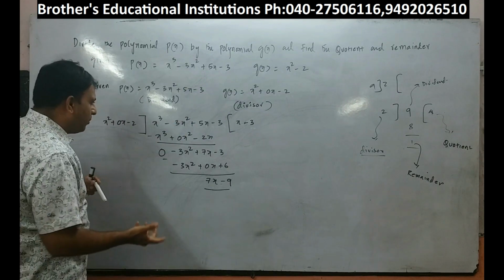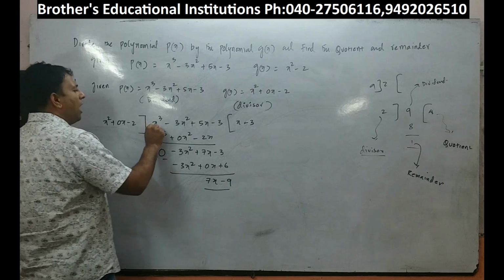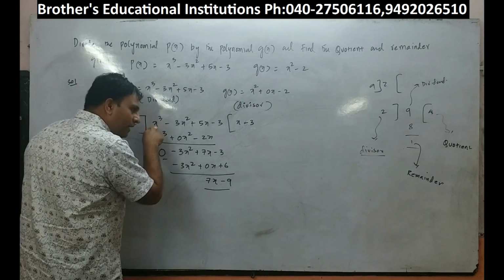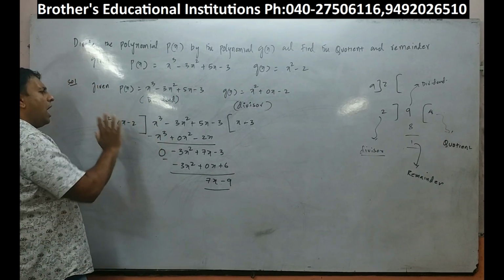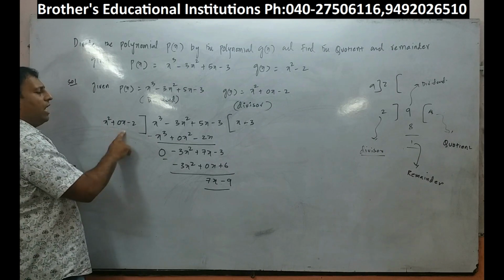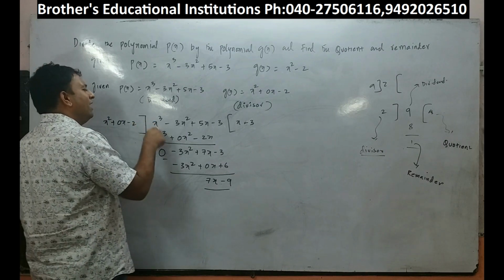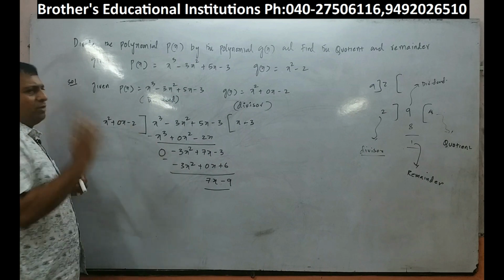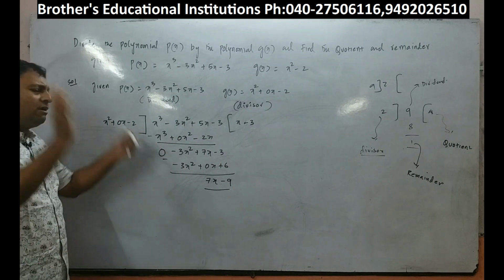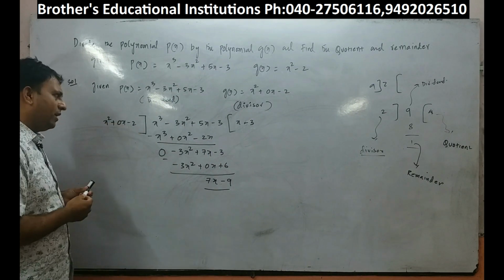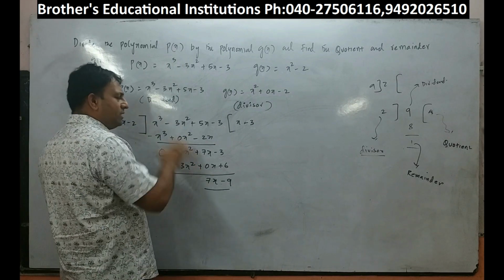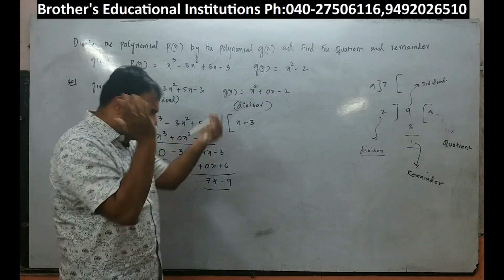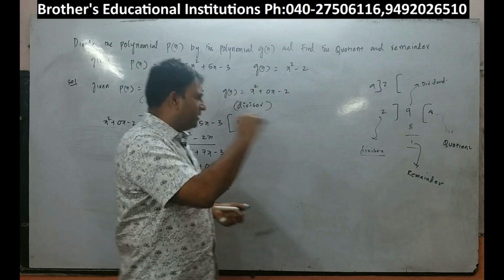If the degree of the dividend is less, division will not be performed. The division will truncate. Truncate means the division has to stop. This is a basic concept.